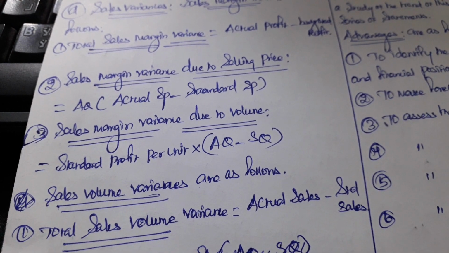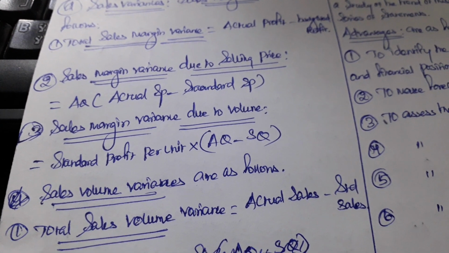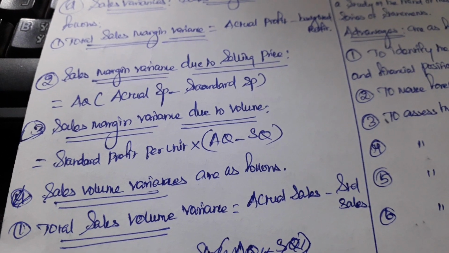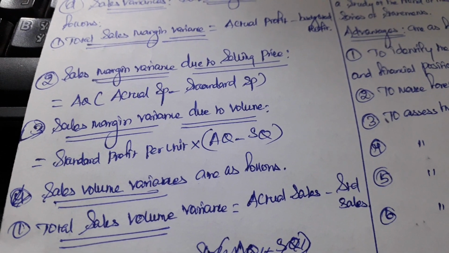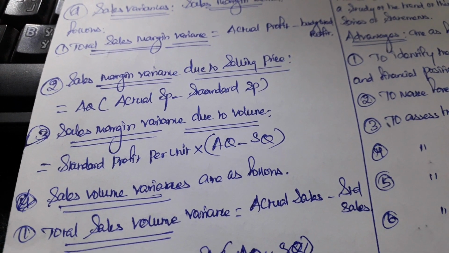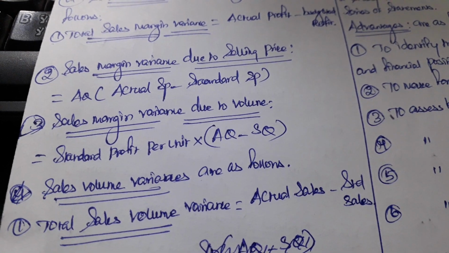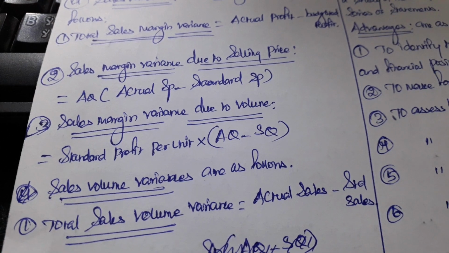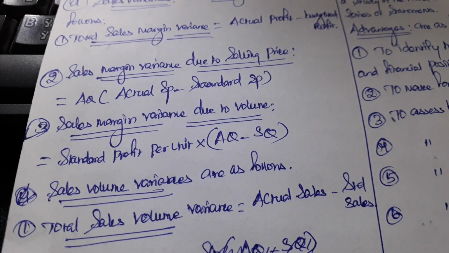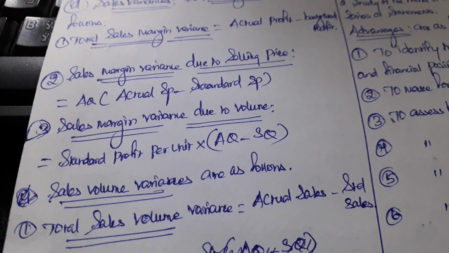It is also similar to the material usage variance, but here we have to mention the standard profit per unit, which has to be multiplied with the actual quantity minus the standard quantity.